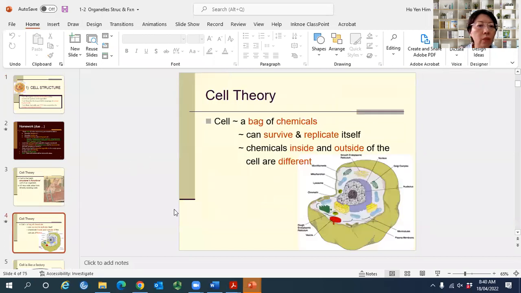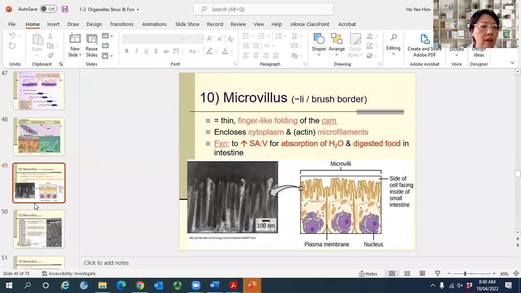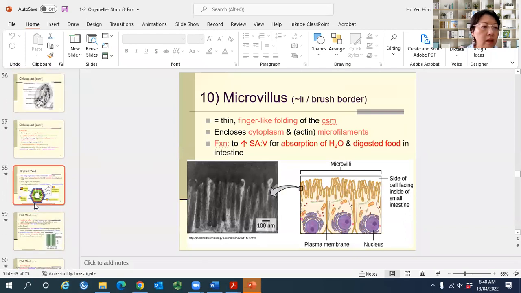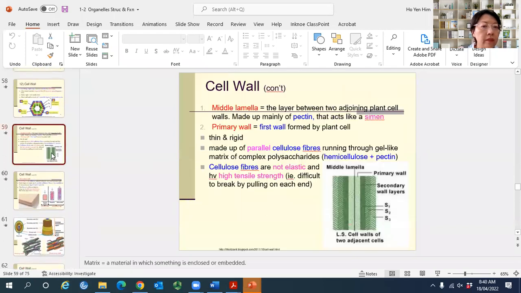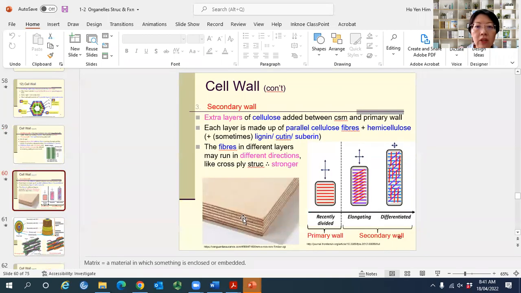So here, cell wall, see? You see that the cell wall is formed in a few layers, right? It's like plywood. For each layer, the cellulose fibers are arranged parallel to one another.